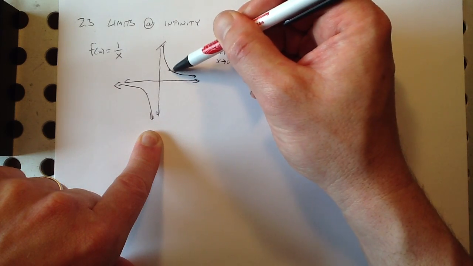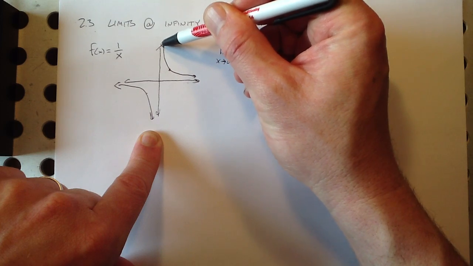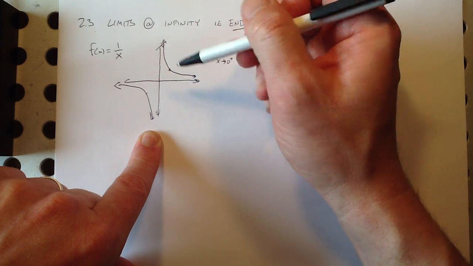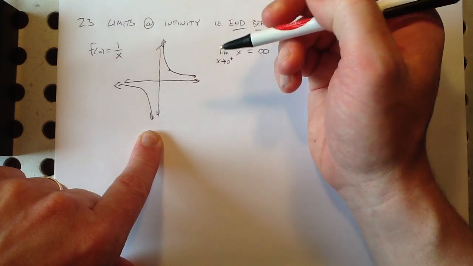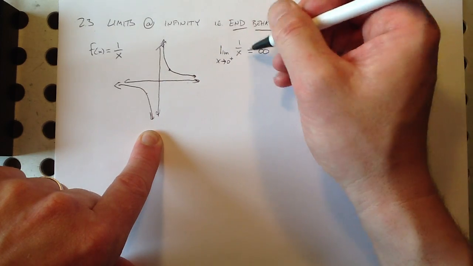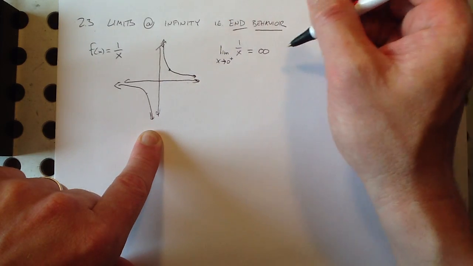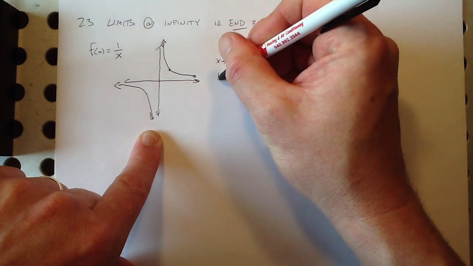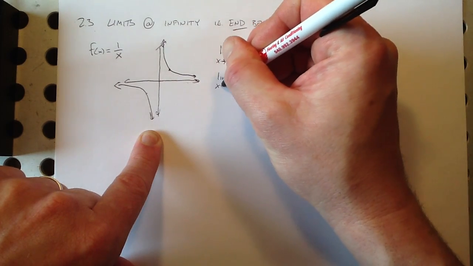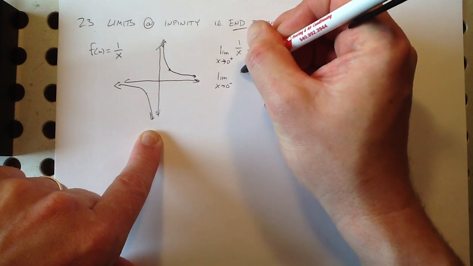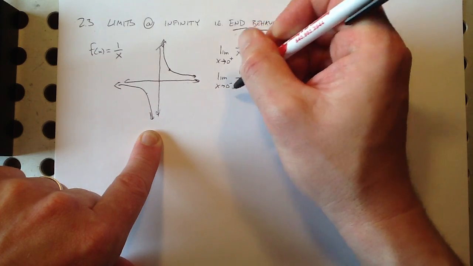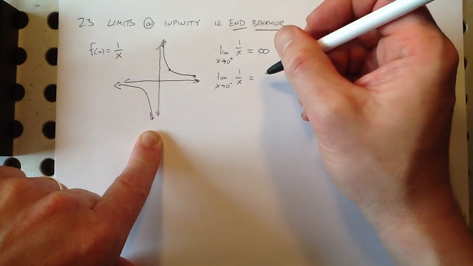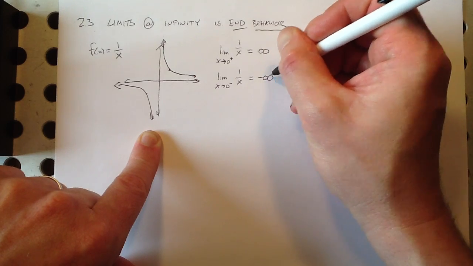We can confirm that by looking at the graph. You can see how this shoots up here and grows without bound as we get closer and closer to 0. Of course, you can't just plug in the 0. You get 1 over 0, but 1 over 0 means to us infinity. Now, if we approach from the other side, we get 1 over a tiny negative number, and we would call that negative infinity.